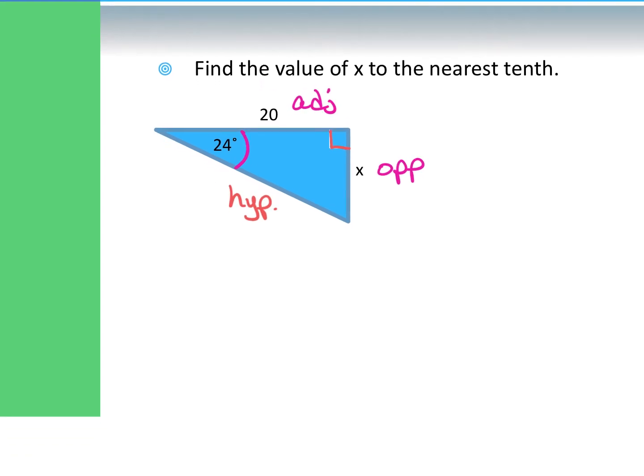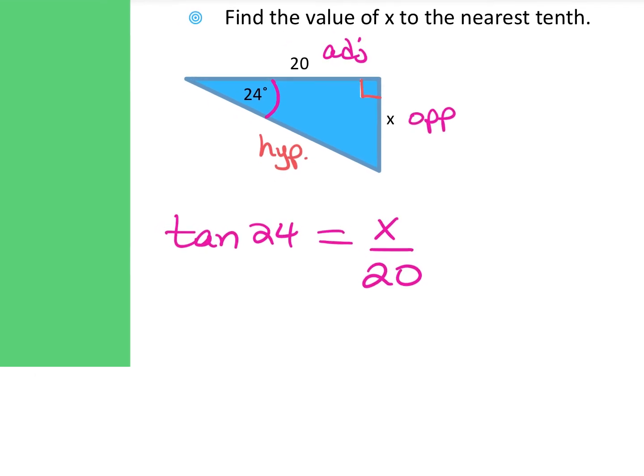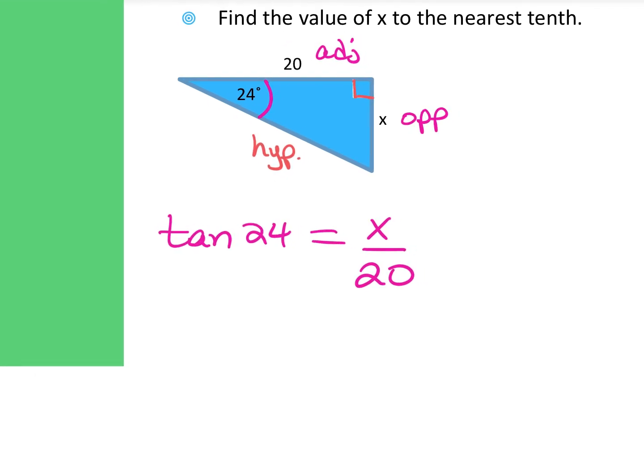So now I'm going to do tangent of 24 is equal to opposite, which is x, over adjacent. And now I need to use my Algebra 1 skills. I need to multiply both sides by 20, which will cancel it out of the bottom.